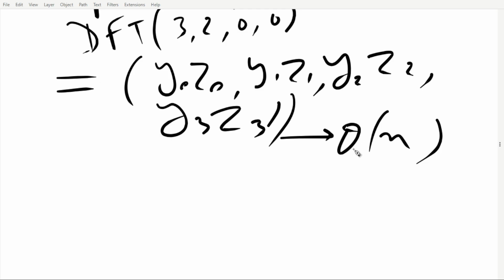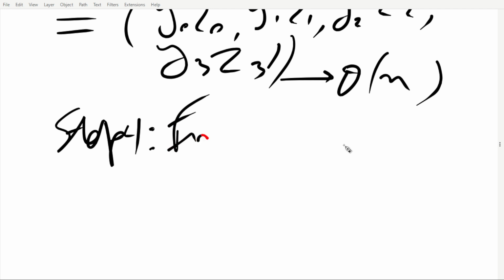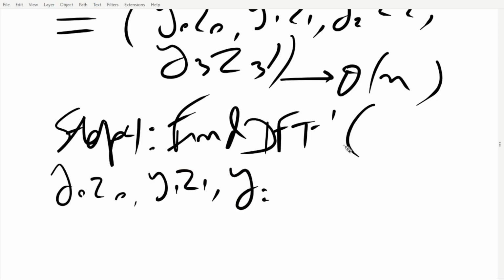Now the final step. We know the product in point value form. To recover the polynomial in coefficient form, we have to find the DFT inverse. So step 4 is to find the DFT inverse, using the same FFT algorithm, of this vector y0 z0, y1 z1, y2 z2, y3 z3.